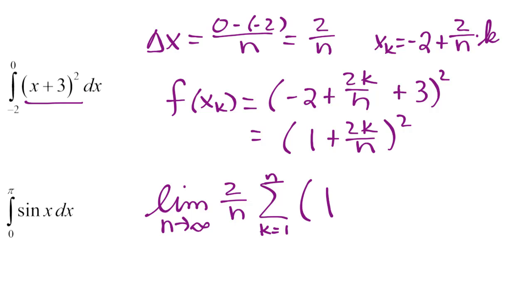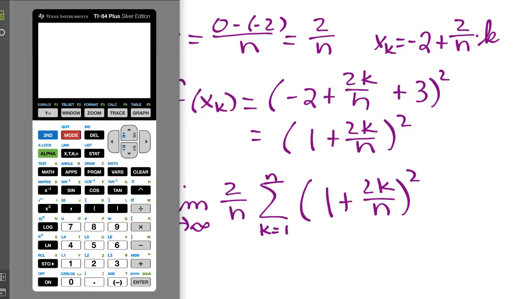So 1 plus 2k over n squared. All right, so let's see if we get the same thing when we do this on our calculator.